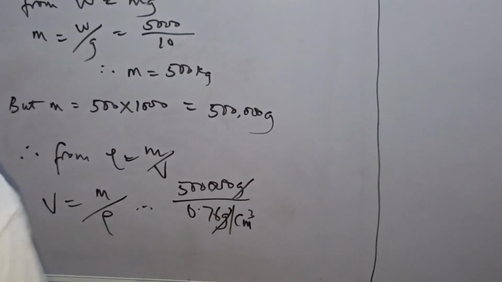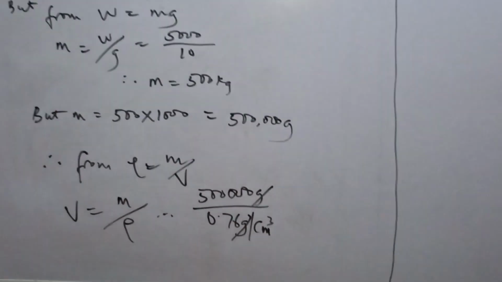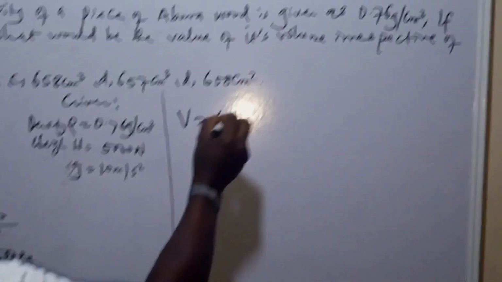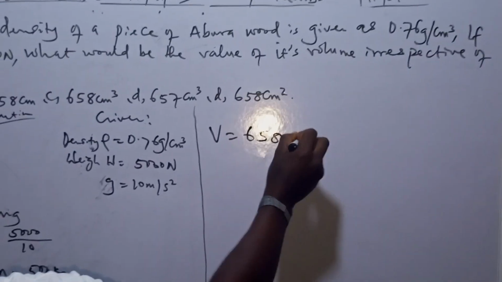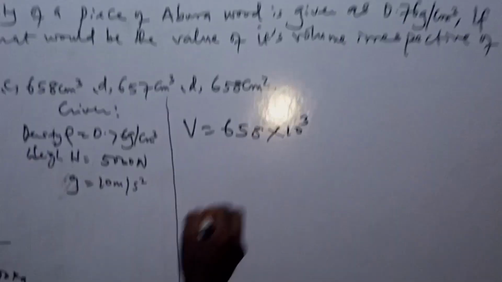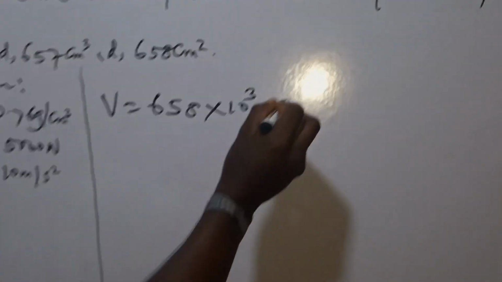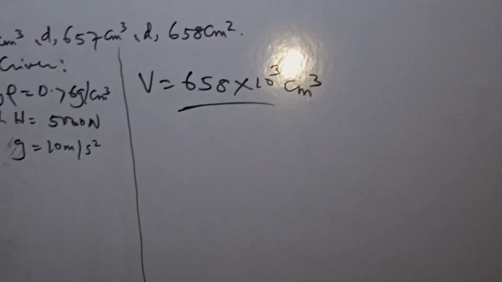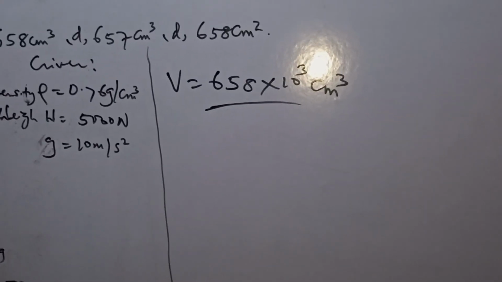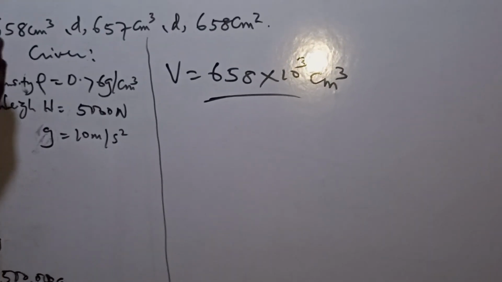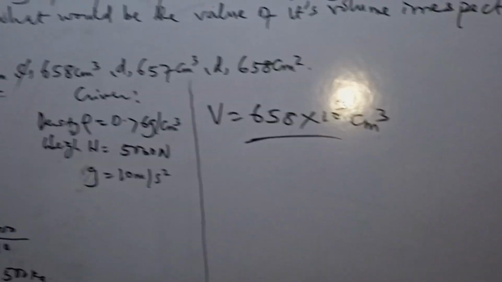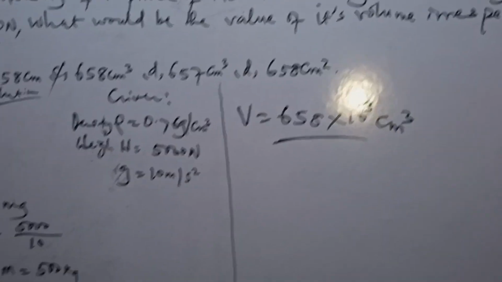Now gram will cancel gram. 500,000 divided by 0.76, you have the volume to be 658 times 10 raised to power 3 cm cube. Therefore, in the options, I think the right answer is C, 658 cm cube. As simple as that.